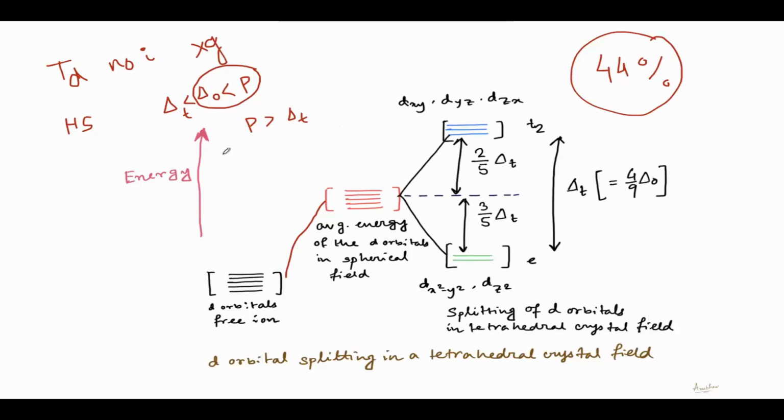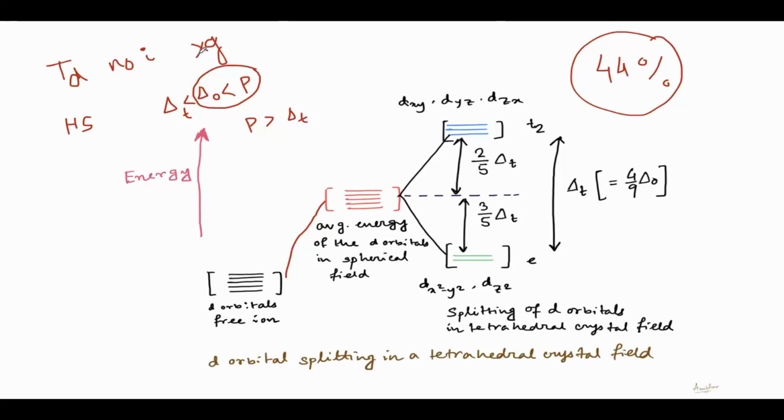So two factors are there. There is no inversion center, that is, lack of a center of symmetry. That's why the g subscript is not used with the energy levels. And secondly, which is very important here, in tetrahedral complexes the pairing energy is higher than delta T, because delta T is very much less.